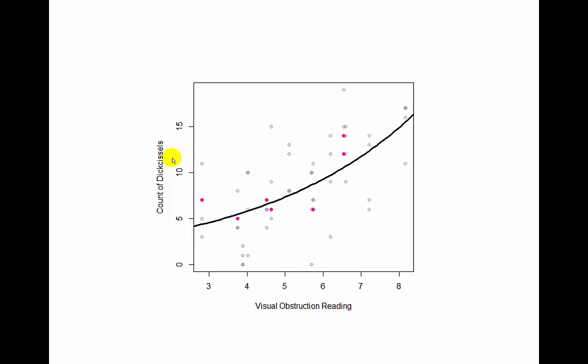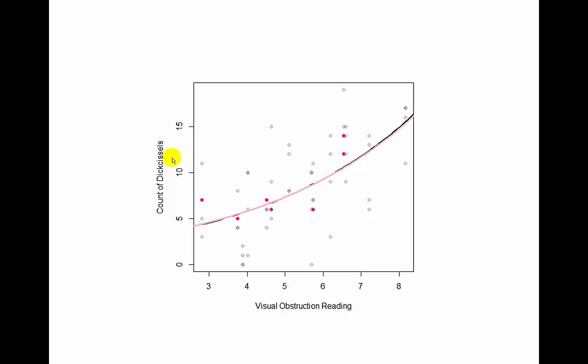So here's that particular set pulled out visually in hot pink. And what we can do is we can now fit the model to the data not including the hot pink points.